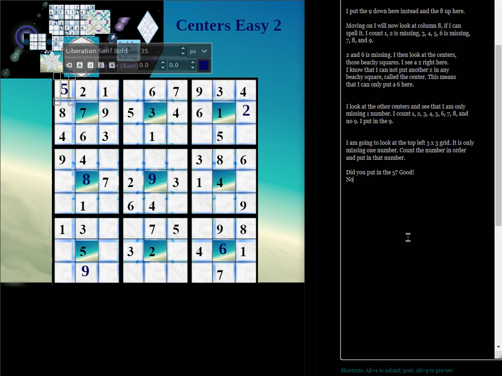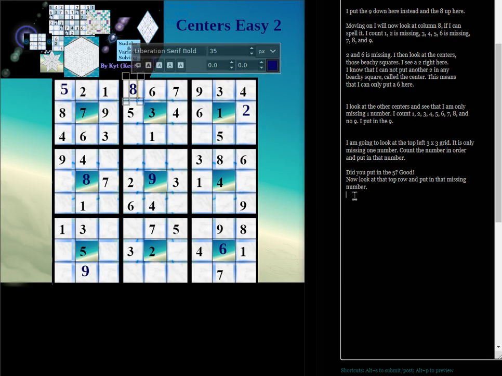Good. Now look at that top row and put in that missing number. I put in the 8.